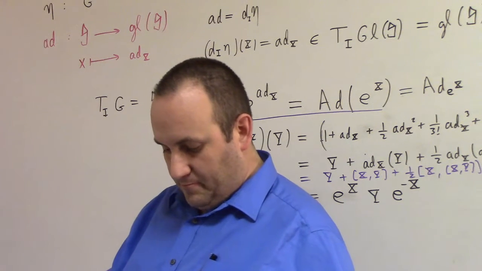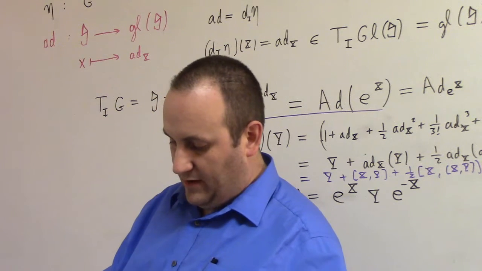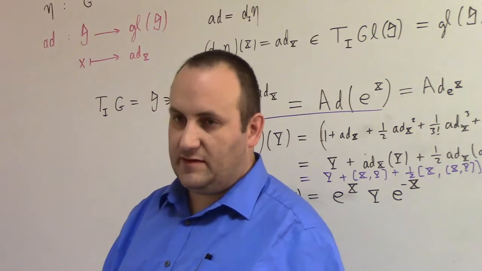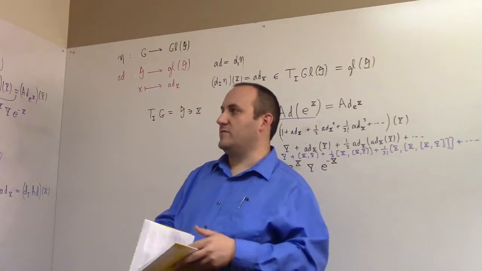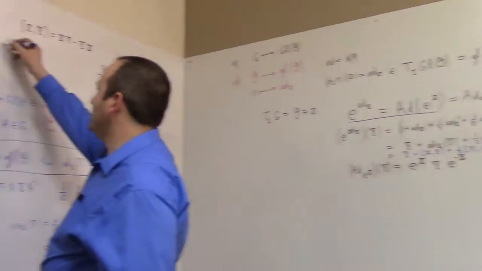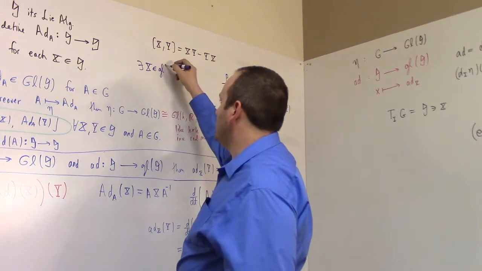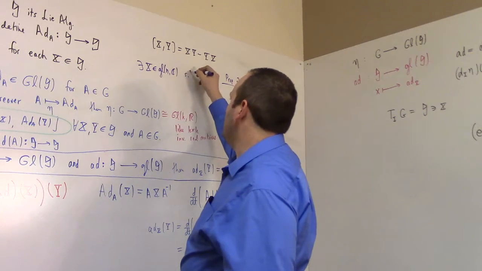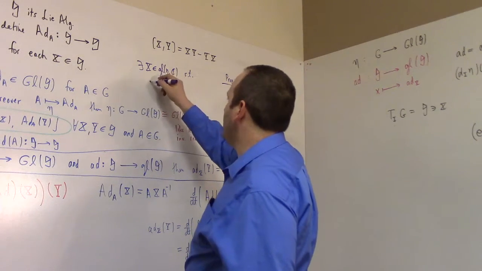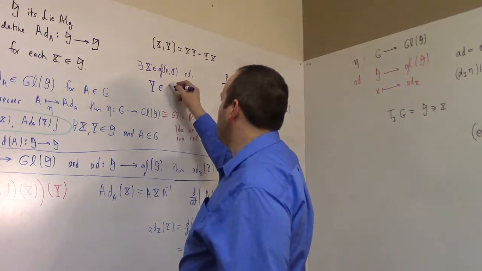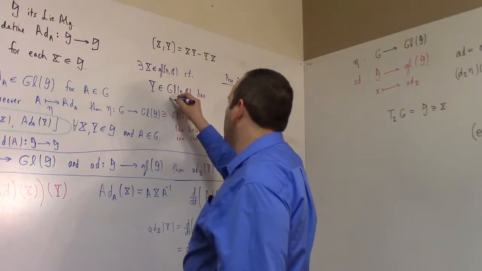All right, moving along though. The next section is on the exponential mapping. I'll just tell you the high point here. Basically, we have this result that there exists an x in GL(n, C) such that e to the x equals y, for any y in GL(n, C).